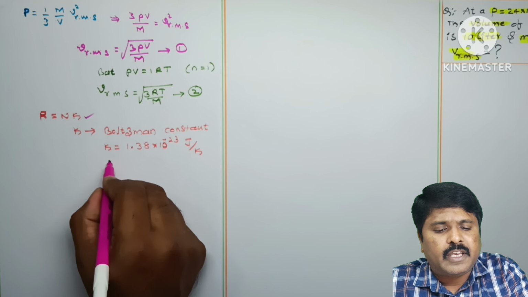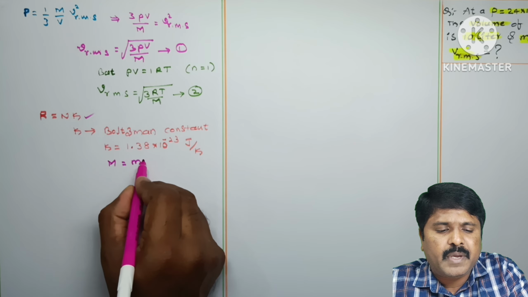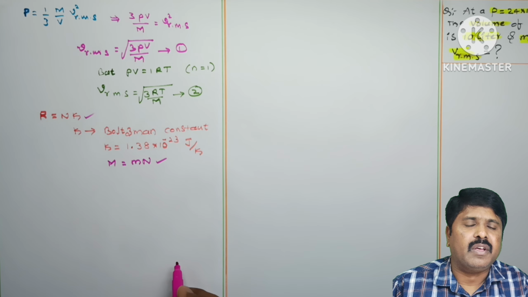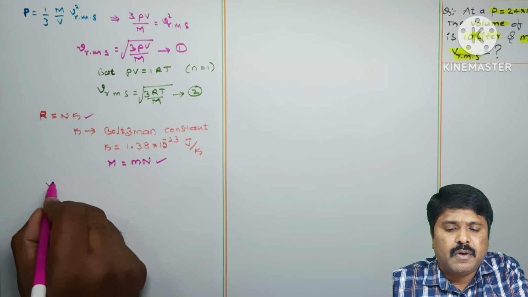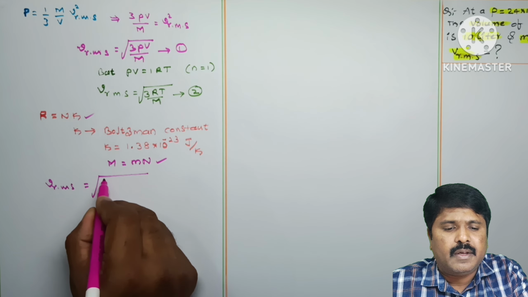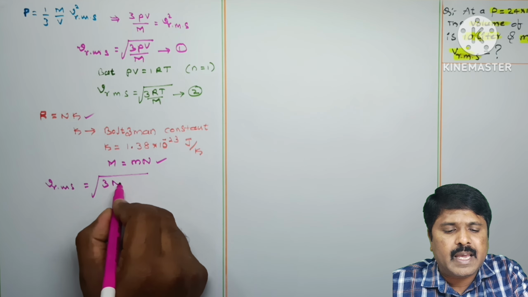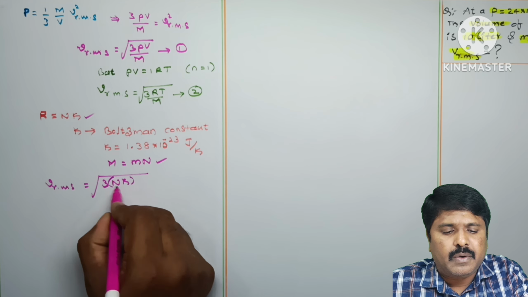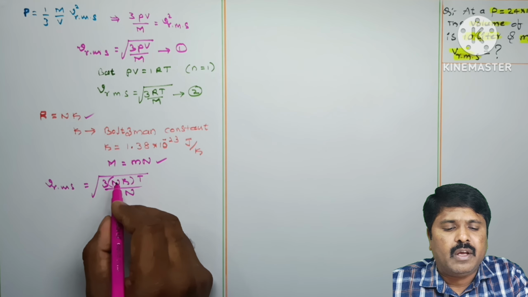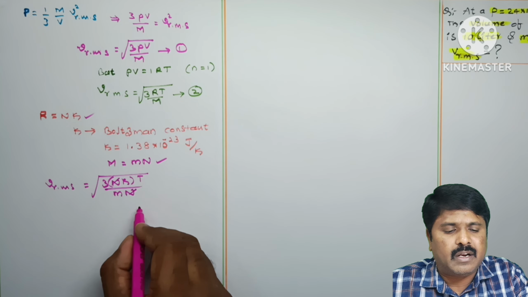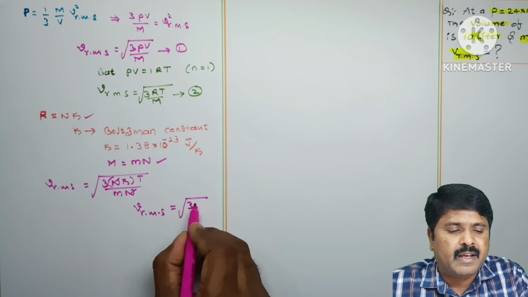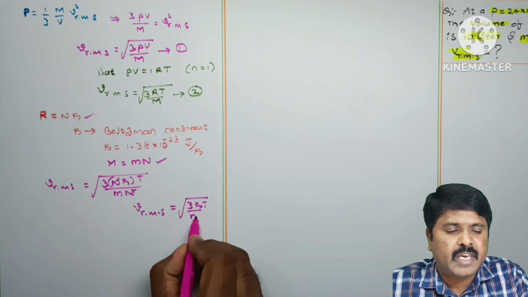Okay, student, and another one also. Here capital M is equal to small m into N. Both the values are replaced in the above equation. So the resultant equation is V RMS is equal to root over 3 into R value NK into T divided by the denominator, small m into N. So that N gets cancelled, and V RMS is equal to root over 3KT divided by small m.